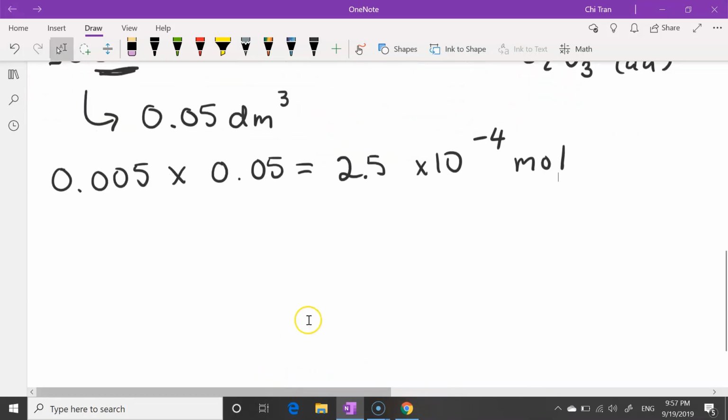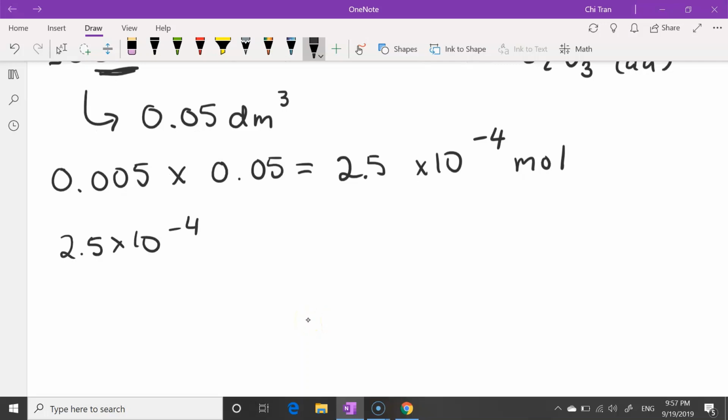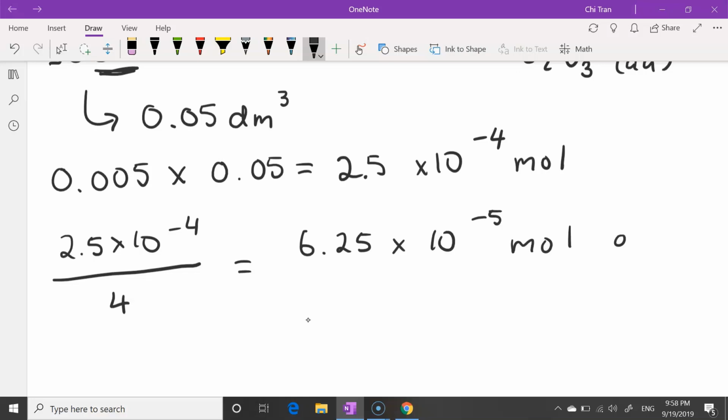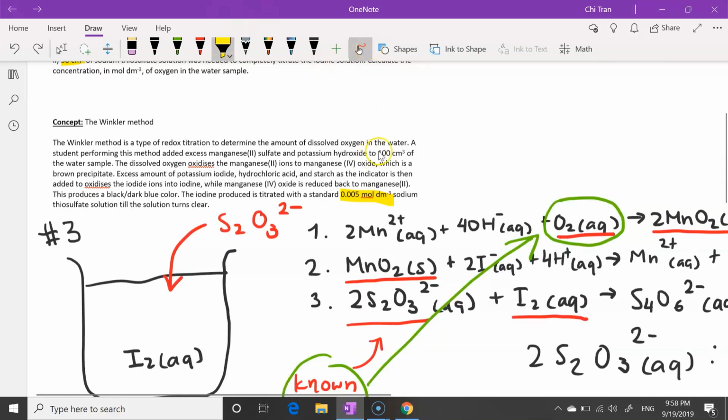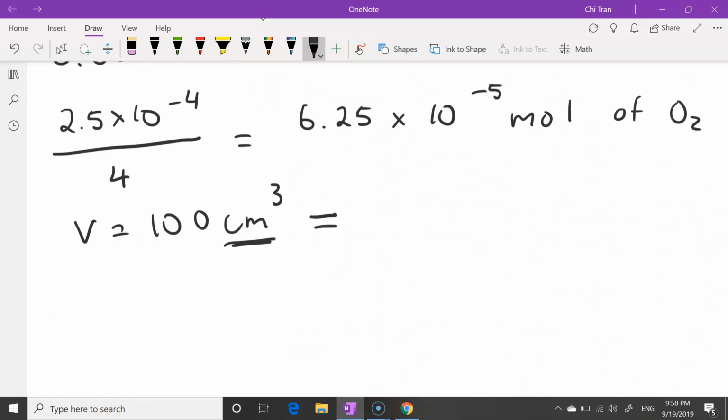We know our ratio is 4:1, so we need to take the number of moles of thiosulfate and divide by 4 to get the number of moles of oxygen, and that gives us 6.25 x 10^-5 moles of oxygen. So going back to our question, we know that there's 100 cm3 of water sample.